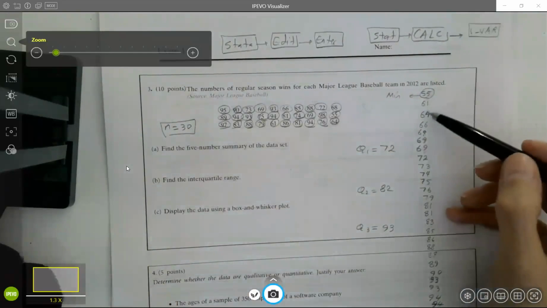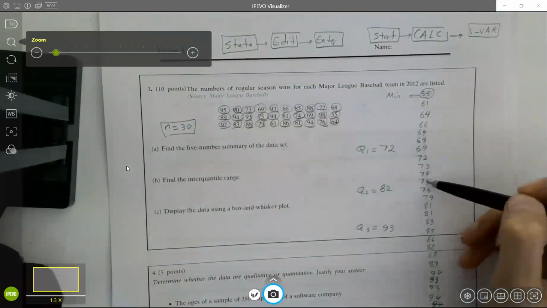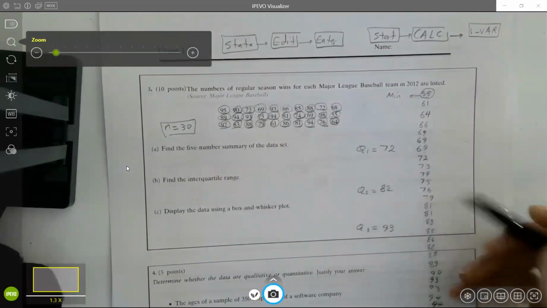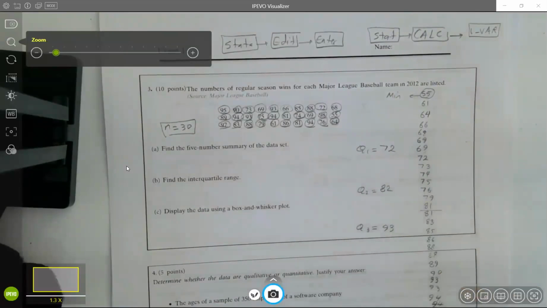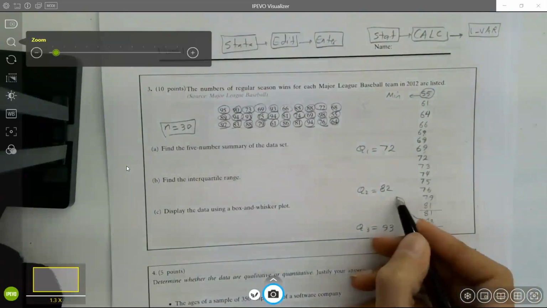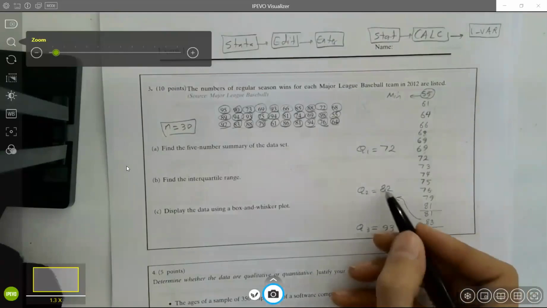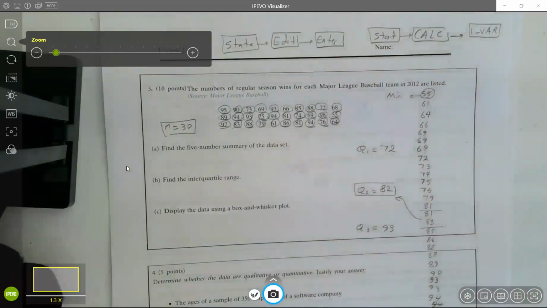So 1, 2, 3, 4, 5, 6, 7, 8, 9, 10, 11, 12, 13, 14. So Q2 for the midpoint is 81 plus 83 divided by 2, which is 82.